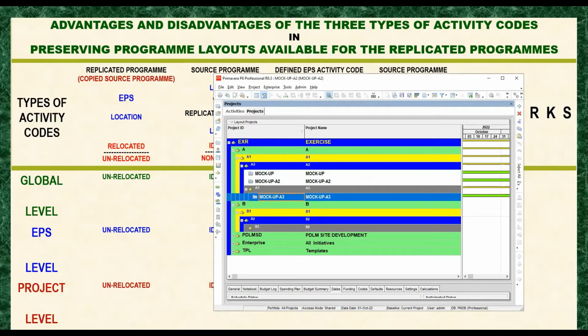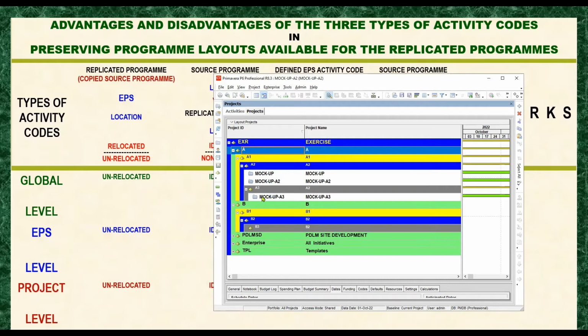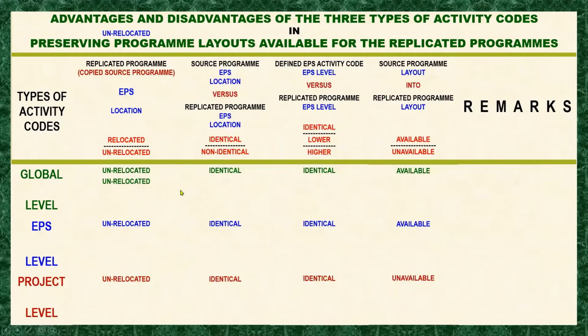So let's see first our observation here in this column, the EPS location of the replicated program. This is our replicated program located on level A3 of the EPSA. When we click it here, it is recorded as unrelocated.